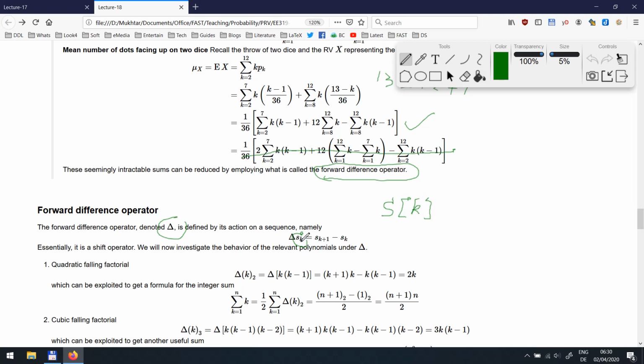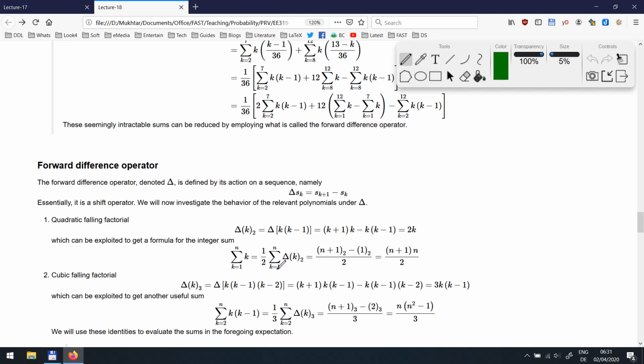Here we use k as a subscript. So what do we mean by this difference operator? I just take the difference. I subtract the present value s_k, the actual value, from the shifted value, and this is the forward shift. So essentially it is a shift operator going forward, not going backward. That's why it's called the forward difference operator.